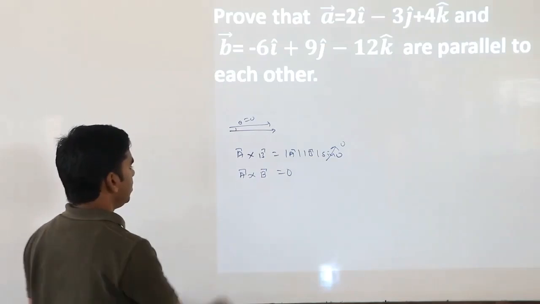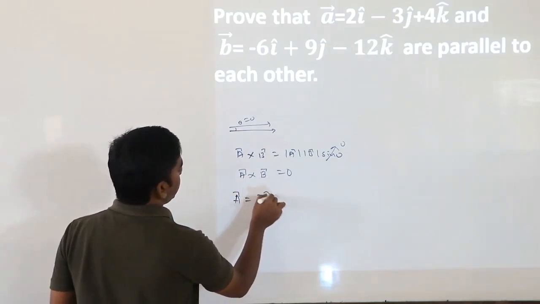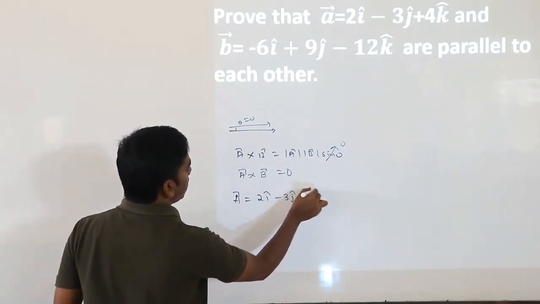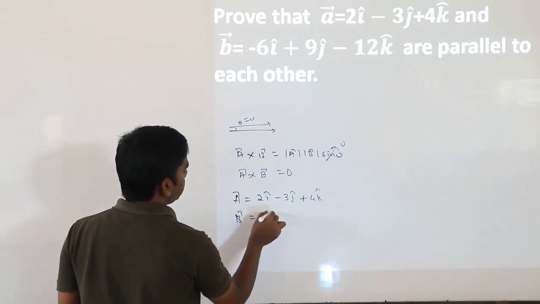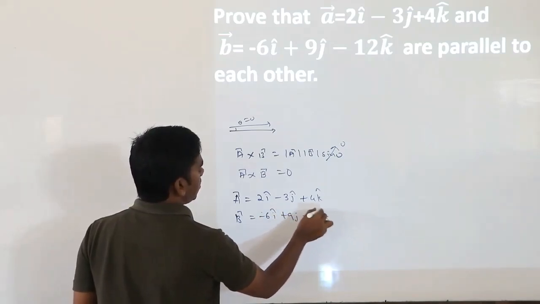If you prove that, that means you can prove that vector A and B are parallel to each other. Vector A is 2 i cap minus 3 j cap plus 4 k cap. Vector B is minus 6 i cap plus 9 j cap minus 12 k cap.